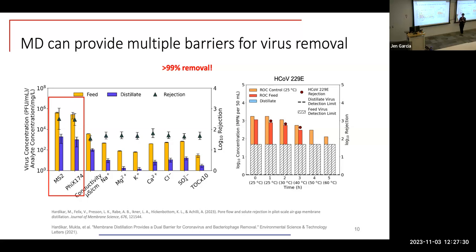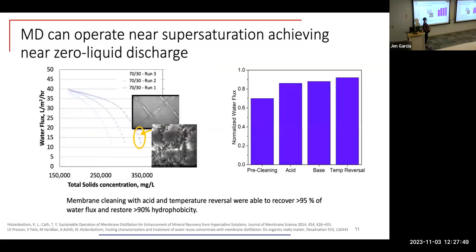So it provides a dual barrier approach, a physical barrier and then also this deactivation with temperature. So that was one really good piece of information, because obviously viruses are acute. We don't want those in our water source. They can cause big problems downstream.